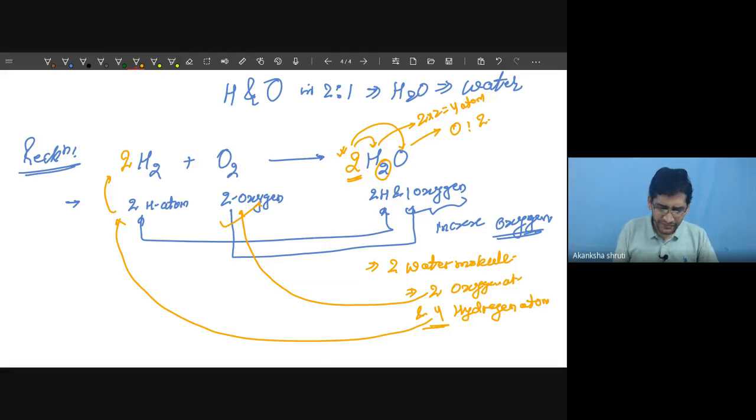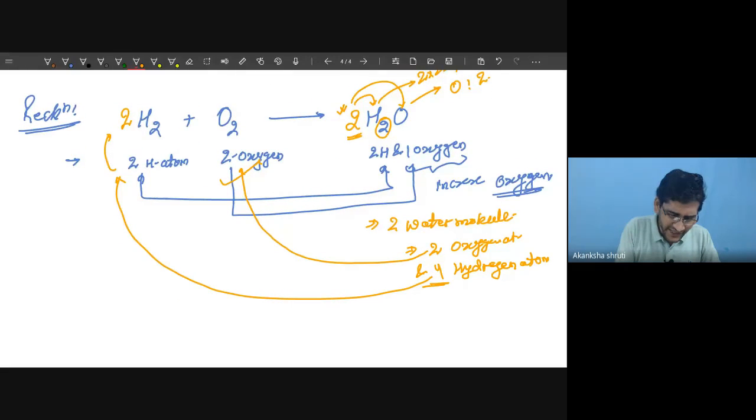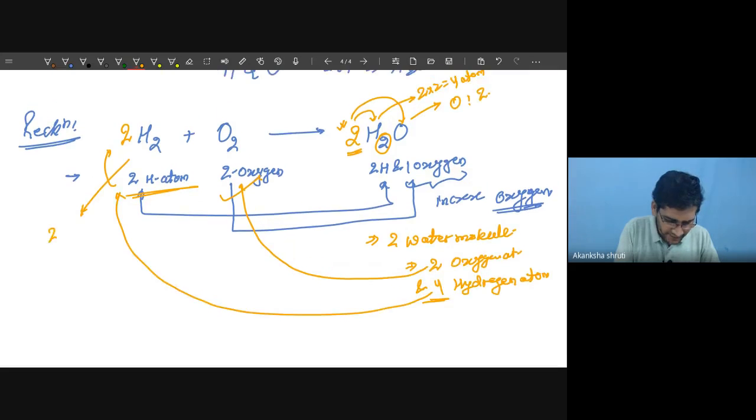Get it? Therefore, the final equation is like this. After placing this 2, the number of hydrogen atoms becomes this 2 as well as the suffix 2. So it becomes 4 hydrogen atoms.